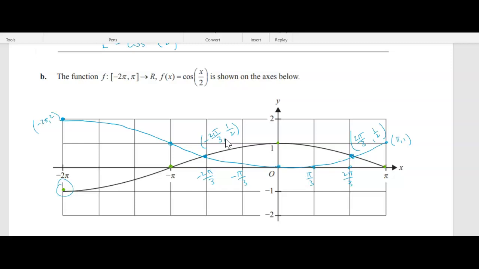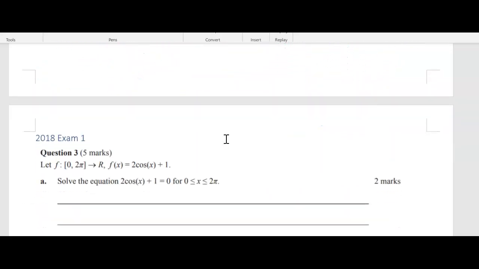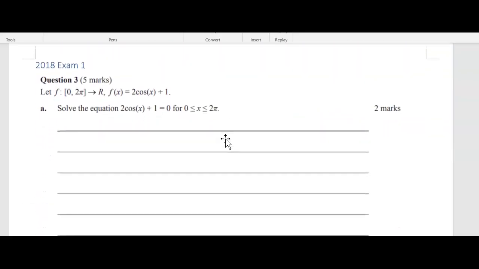But I wouldn't be penalized because it's pretty close, and I drew that dot there and I put the points of intersection. All right, so a lot of work for 2 marks, but I'm also talking a bit, so you need to work quickly. All right, next question is from the 2018 exam 1.